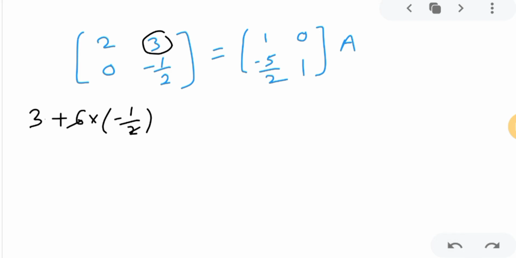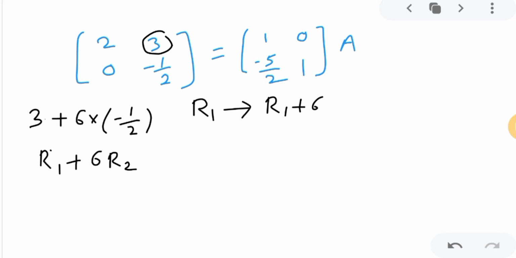Which operation should I perform? This 3 is nothing but R1. So R1 plus 6 into R2, where the element is minus 1 upon 2. It means on R1 I should perform the operation R1 as R1 plus 6 R2.